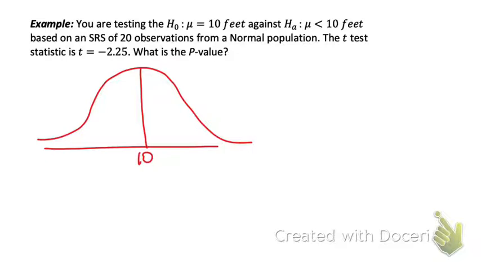We are looking for evidence below that mean, and we find evidence 2.25 standard units below the claimed value. This is where our sample was at. And I want the p-value. So really all I need is the area that is as extreme or more extreme than this particular sample. So I just need that area. Any ideas how I get an area of a distribution?